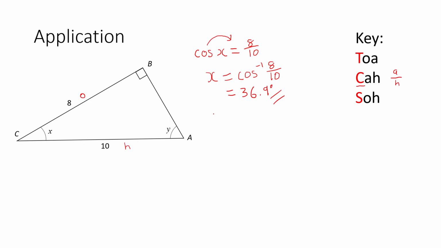Hypotenuse will never change. It will always be opposite the right angle and the longest side of a triangle. So which of these trigo ratios have O and H? It is of course sine. So we must take O over H.